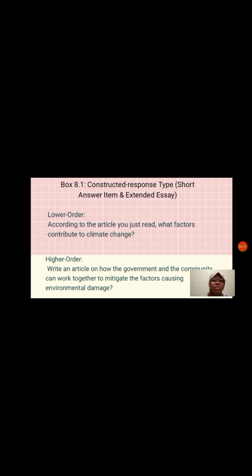Now we have here our Box 8.1: constructed response type, short answer item, and extended essay. We have here the lower order thinking skills and higher order thinking skills. We go first to lower order thinking skills, and we have our sample question: according to the article you just read, what factors contribute to climate change?